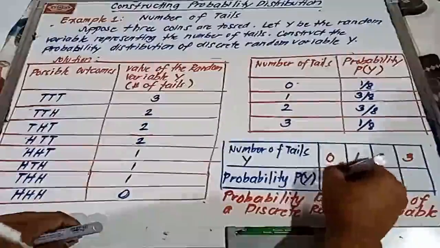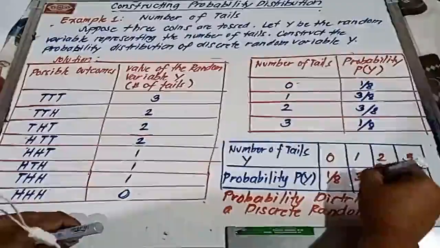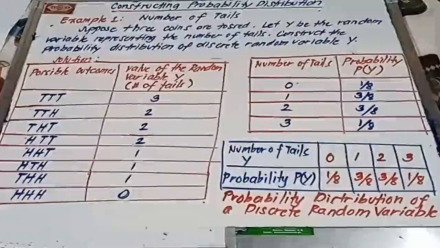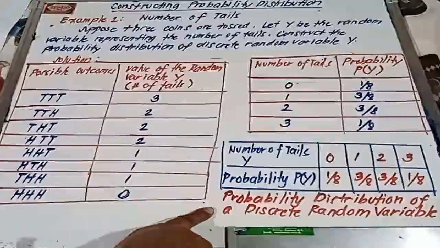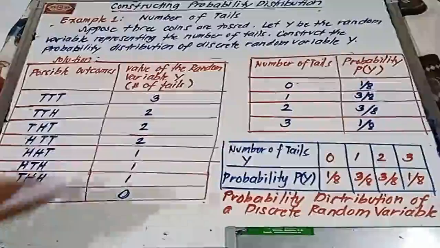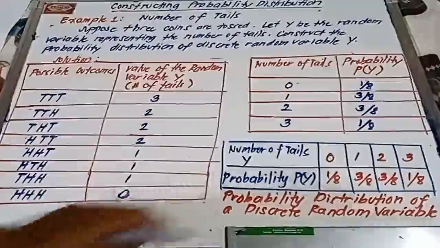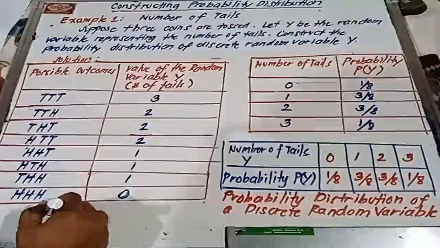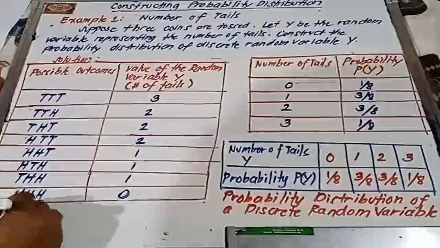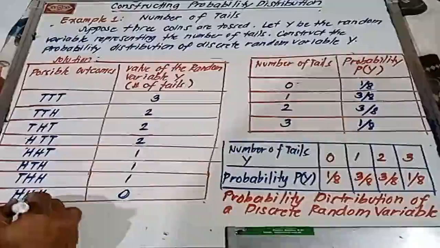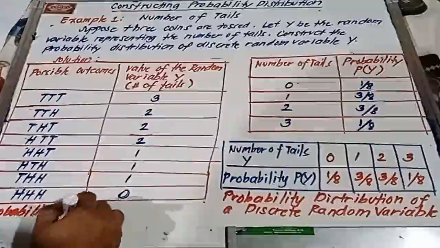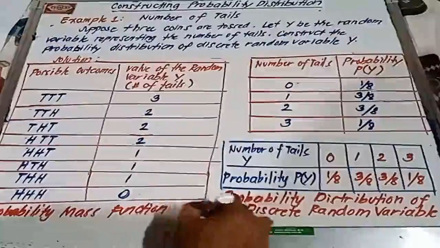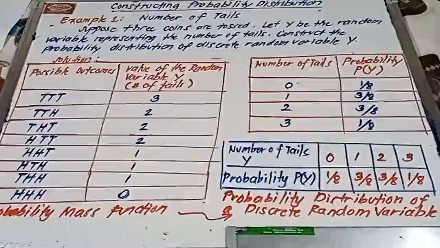So, we have 1/8, 3/8, 3/8, 1/8. Okay. So, again, ito po yung ating sagot sa ating example number 1. Although, ganito rin siya, kaso dapat nito ang pagkakasulat. Tinatawag din natin itong probability mass function of a discrete random variable y.